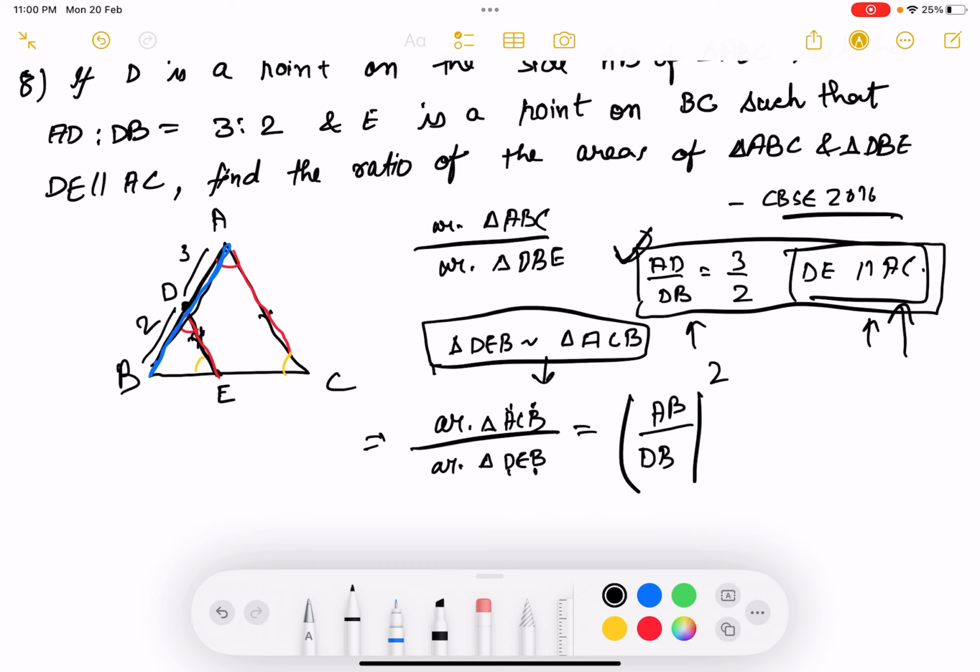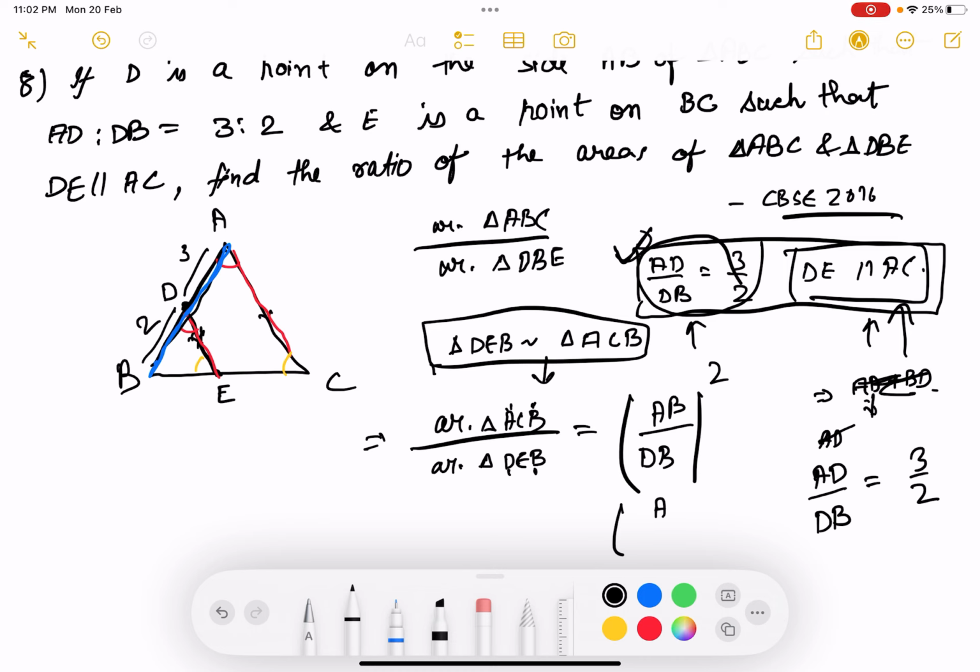Now AB, what is AB? AB is AD plus BD. We are given AD upon DB is equal to 3 by 2.